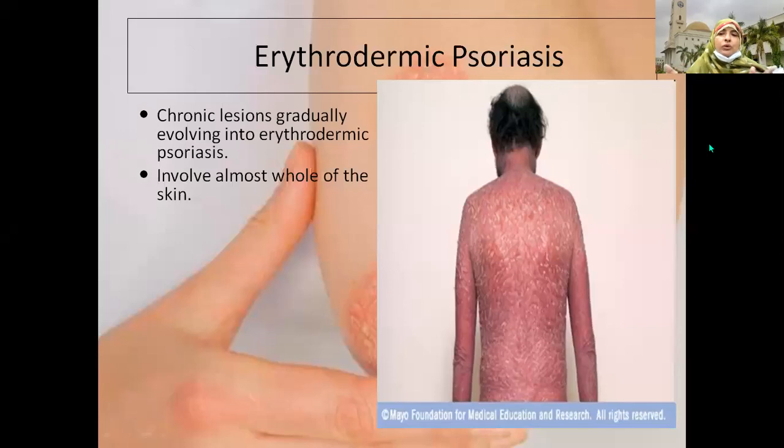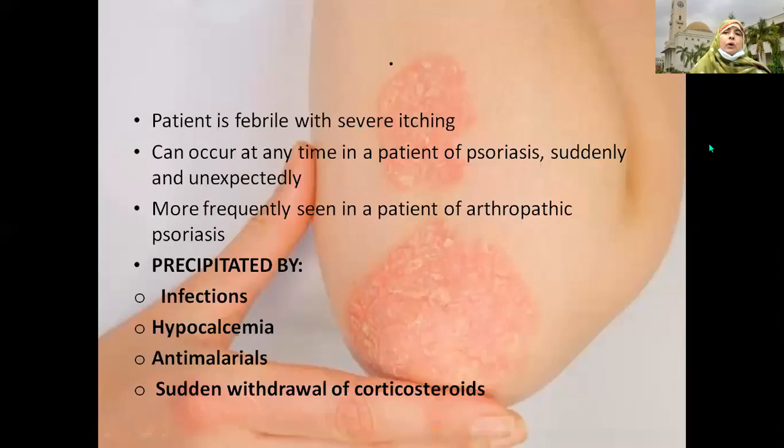Erythroderma is when there is more than 90% of the skin involvement. It's diffuse, and it might involve almost the whole of the skin. And it might lead to skin failure with all the consequences, that is, loss of all the functions of the skin, leading to very severe and serious systemic complications.